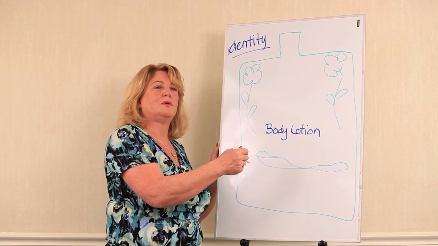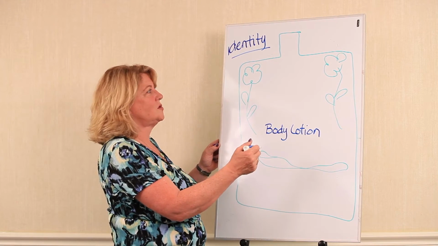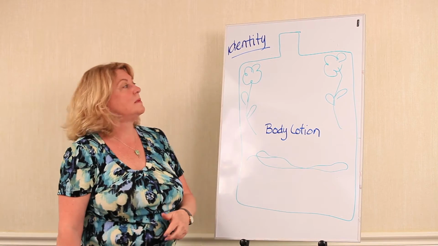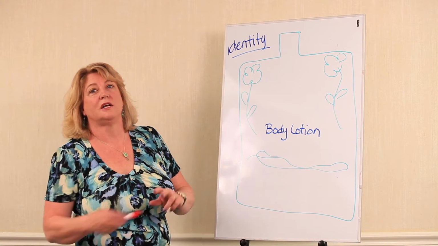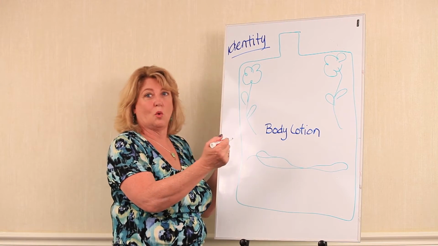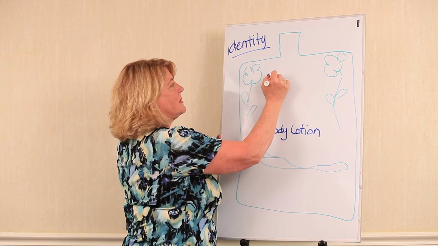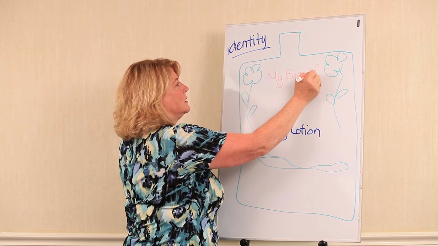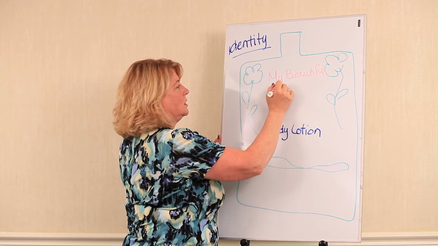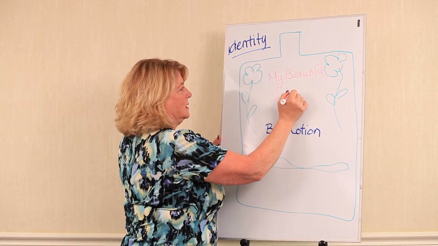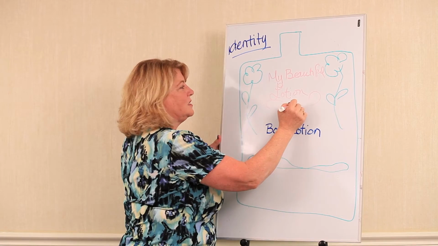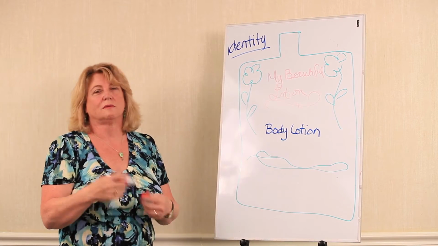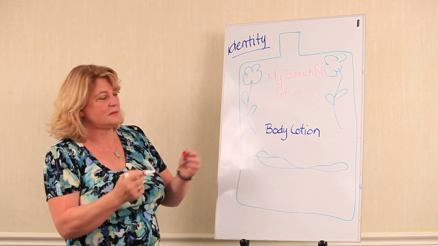They know it's not shampoo or conditioner or body wash or anything else. You're probably going to want to have somewhere on here somehow to identify your particular body lotion. So this might be my beautiful lotion. So somebody knows they're buying my beautiful lotion or your beautiful lotion, and it's a body lotion.